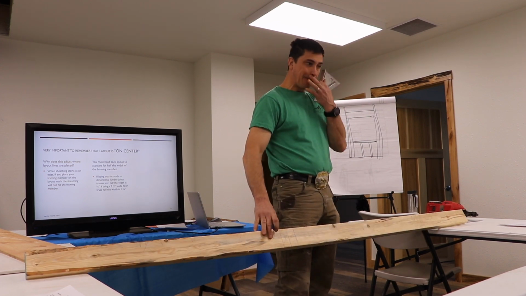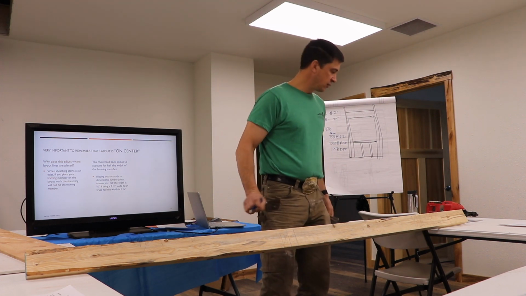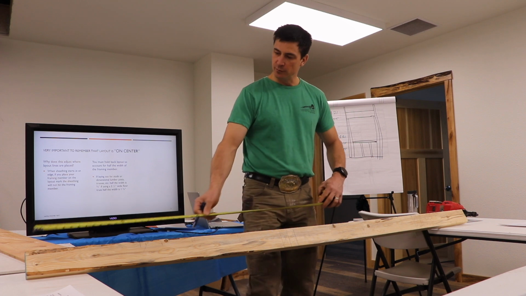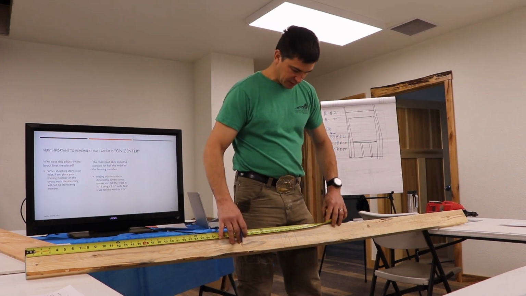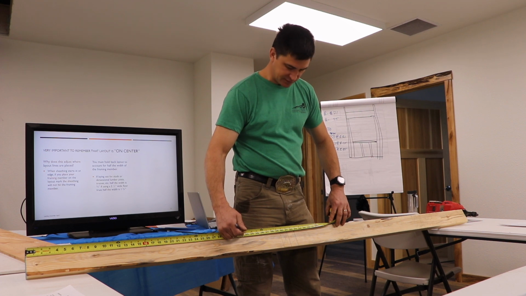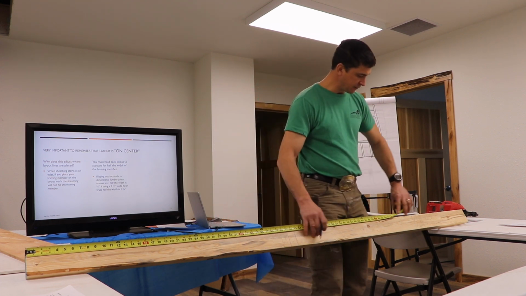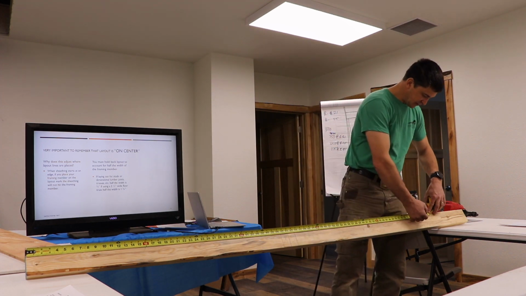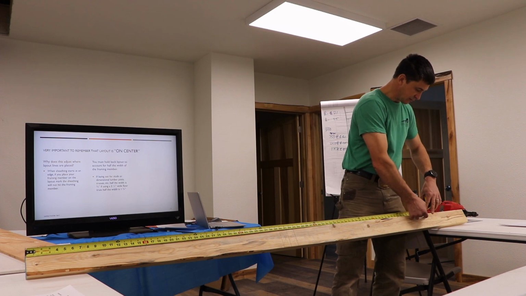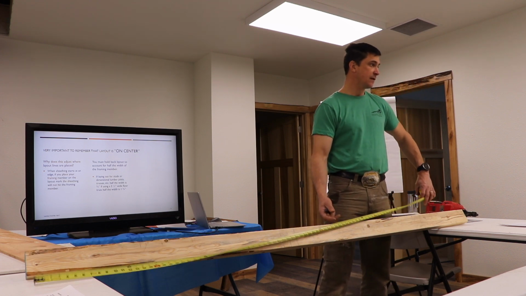I'll do that generally before I run my layout marks, because then when I'm running my layout at 16 on center, I'll see that I'm way away, so I'll put that mark on there. On this side, I'm 1.5 inches away, so I'm not even going to mark this one. I'll just leave that mark off.